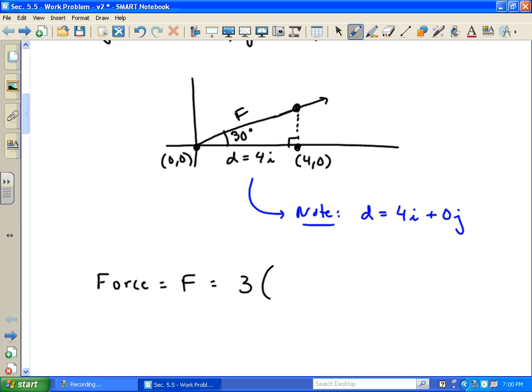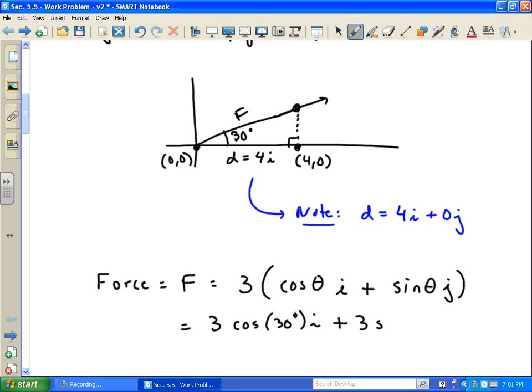Okay, and this is multiplied by the cosine of whatever angle that you're given times i plus the sine of whatever angle you've been given times j. Okay, so in this particular case, this will be 3 times cosine of 30 degrees times i plus 3 times sine of 30 degrees times j.